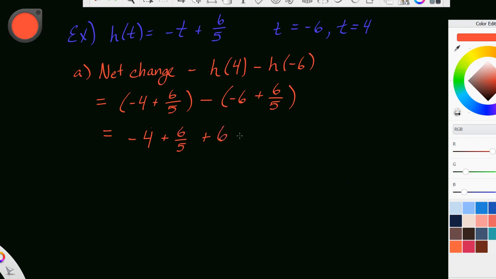Then when we distribute that negative, it's going to give negative 6/5. Those 6/5 are going to cancel out. And then we're going to have negative 4 minus 6. Remember, it's supposed to be a negative 6. So when we do that, there we go, fixing that problem, we are going to get negative 10 for our net change.